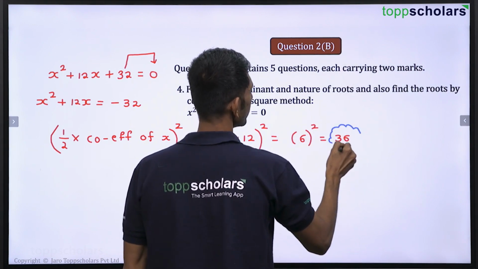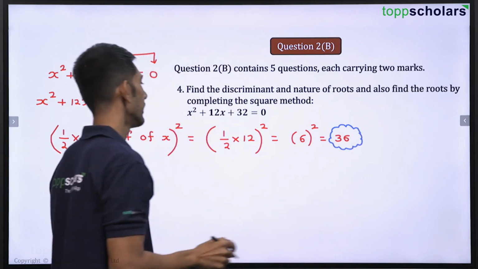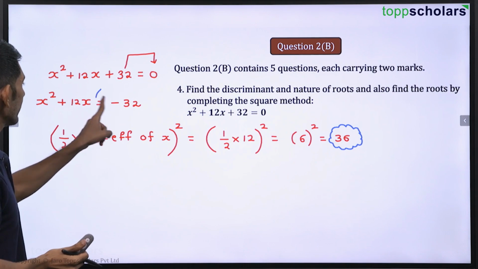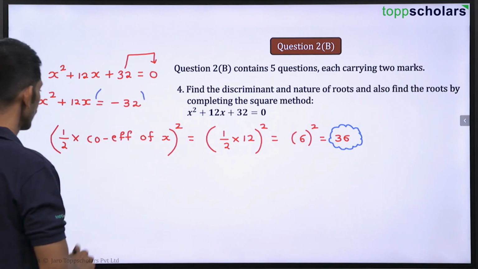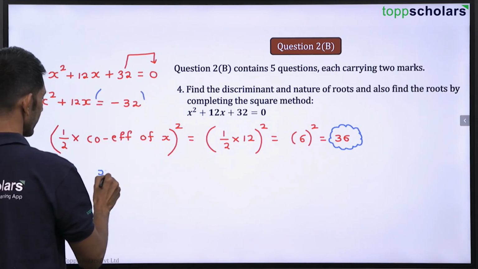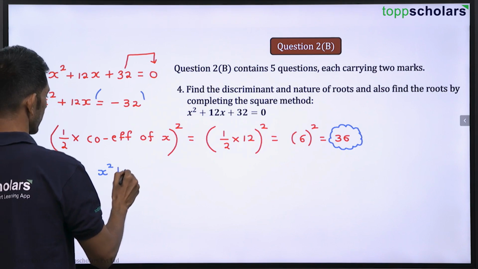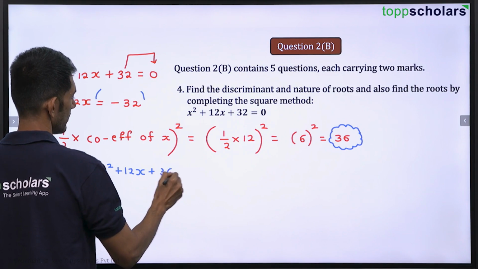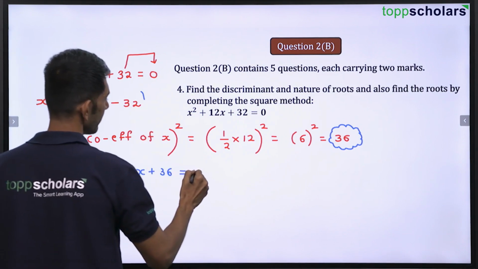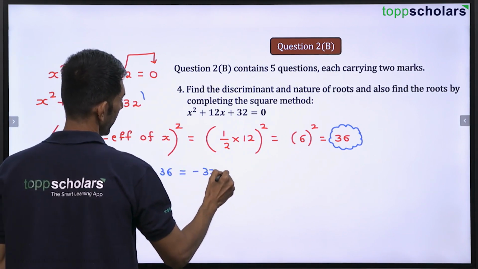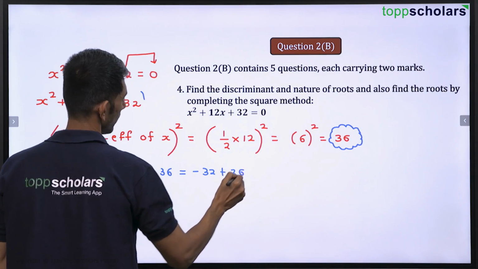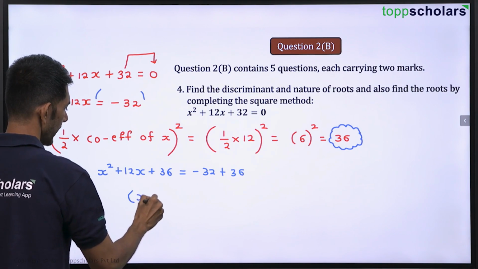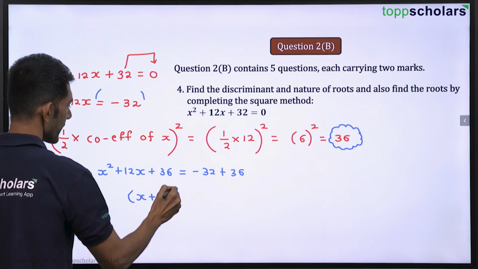Now what you do is, you add 36 on both the sides, add 36 here, add 36 here. So you get x square plus 12x plus 36, and this gives you minus 32 plus 36. So this becomes x plus 6 the whole square.